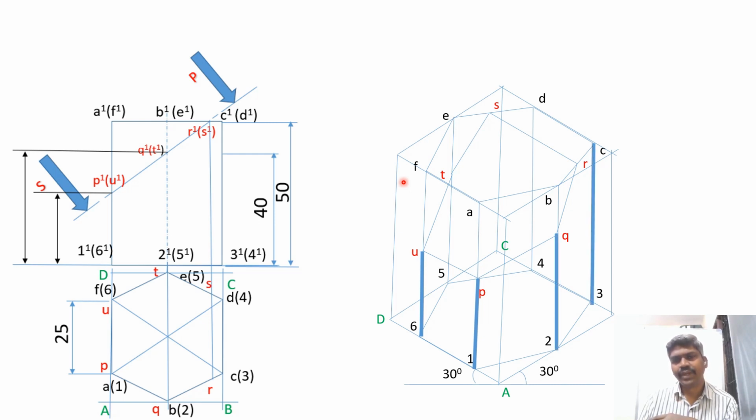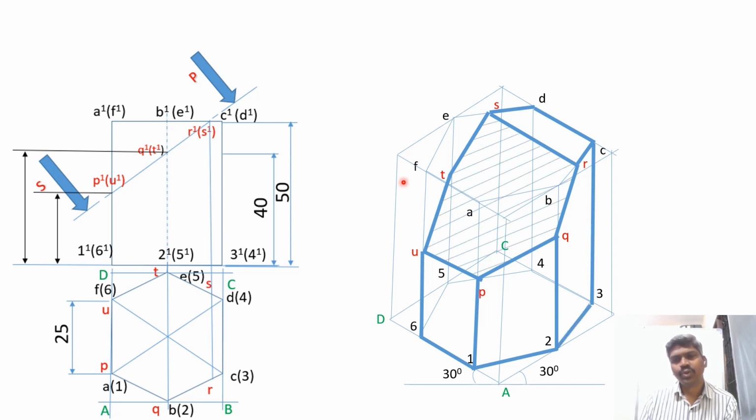U to 6, P to 1, Q to 2, C to 3, C to D, D to S, S to T, T to U, U to P, P to Q, Q to R, R to C and R to S, and again base edges 6 to 1, 1 to 2, 2 to 3.